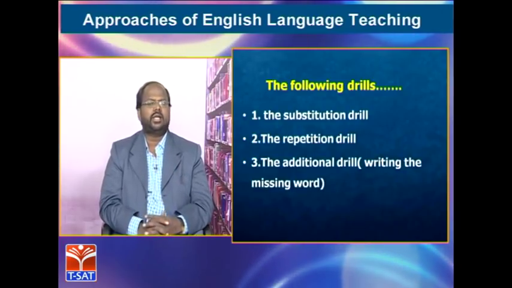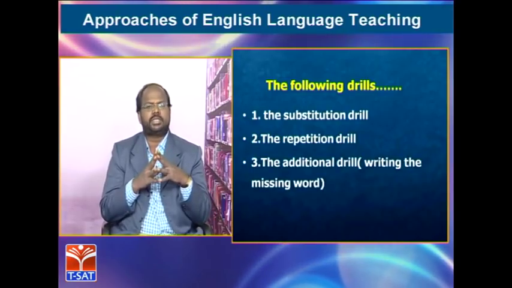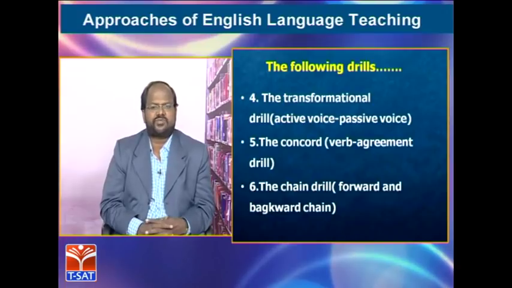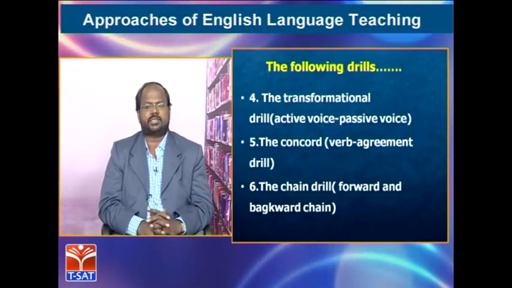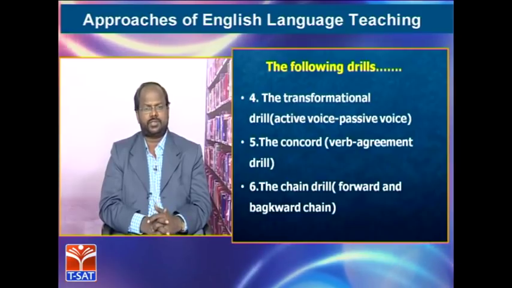The third one, the additional drill. Additional drill deals with the missing words. The teacher or the students are provided the drills with the missing words. The fourth one, the transformational drill. It deals with sentences given in the active voice.